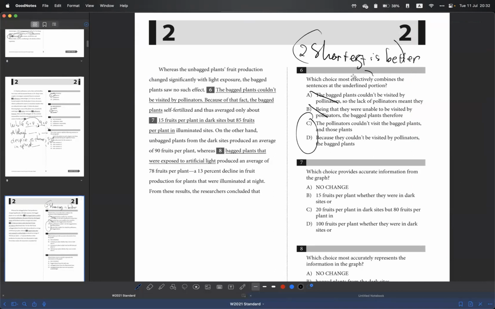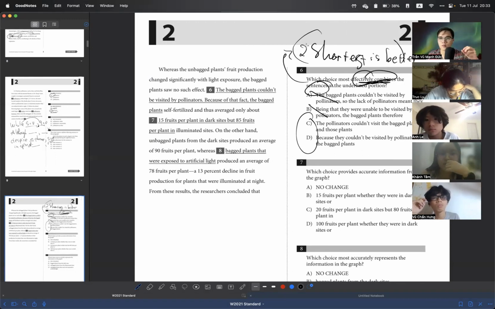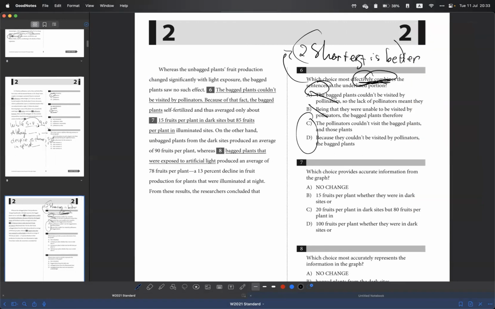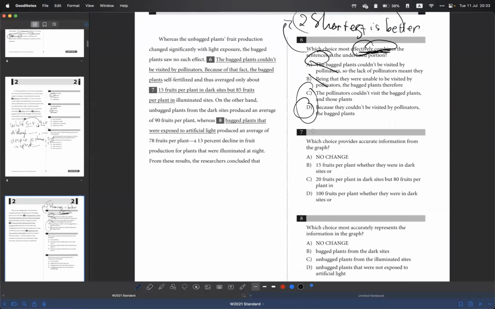In this type of question, effectively combined sentences, you can quickly cross out the wrong answers and choose the right answer. Just focus on the two shortest answers, and then work your way from there. You don't need to read the whole answers and waste your time. If you encounter the words effectively combined or anything like that on the digital SAT, focus on the two shortest. Excellent. You chose D, exactly, because D makes more sense and sounds a bit better.